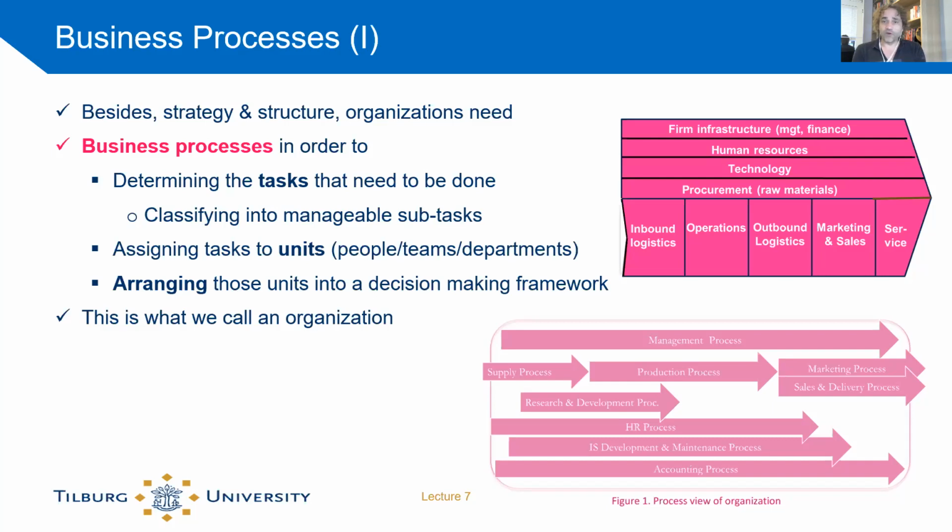You also have different processes for different parts of the organization. So if you look at the figure on the bottom right, you see there is a management process. Those are people thinking about strategy, the managers. You have the accounting process, people who handle everything regarding finances, HR, development, production.